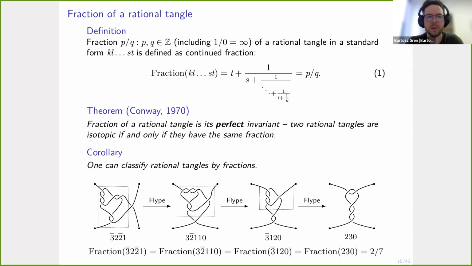This invariant was proposed by Conway in 1970, but the proof that the invariant is perfect came later, by Burde and by Kauffman later, with an easier to follow proof.